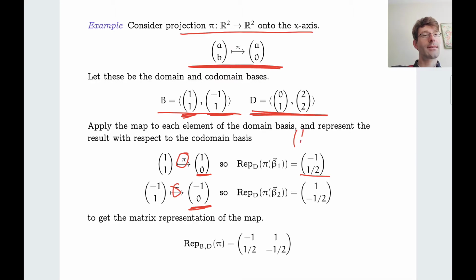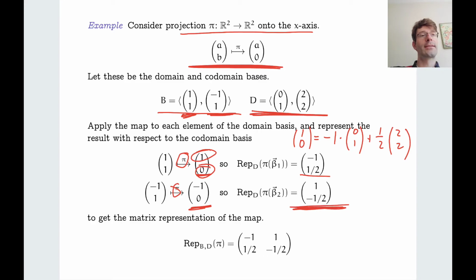Let's check this. So hopefully (1, 0) would be minus 1 times the first vector from the output basis plus a half times the second vector from the output basis. And in the top component we have 1, what we want, and in the bottom component we have 0. Good, so that's correct, and probably that is also correct.